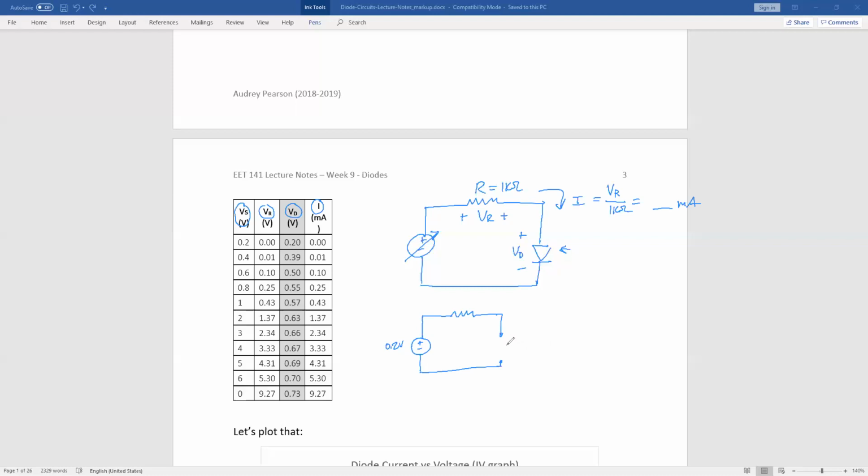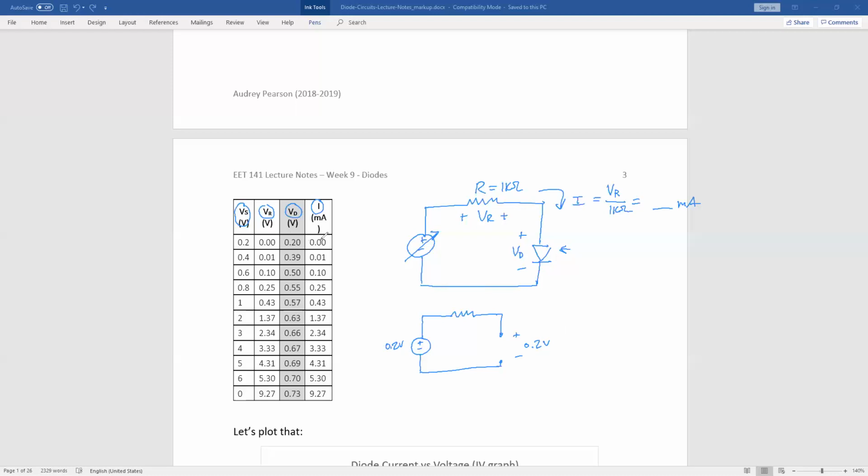So with no connection and this very high resistance, higher resistance means more voltage is dropped across that point. So we would have all of this applied voltage dropped across that open circuit, and for our circuit we would see that whole voltage dropped across the diode.